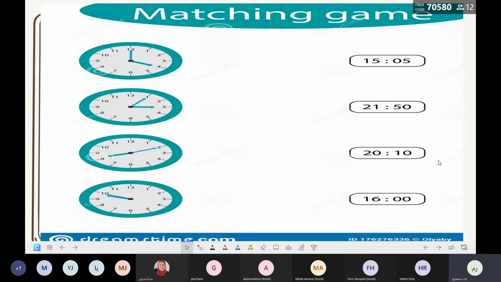Yes, what is the answer for the first picture? What is the time? If you take a look at the hands, the first picture, what is the time here? I help you. The hour hand is on 4.